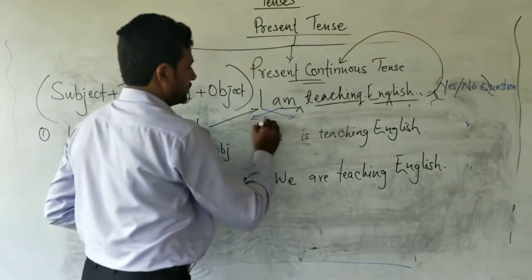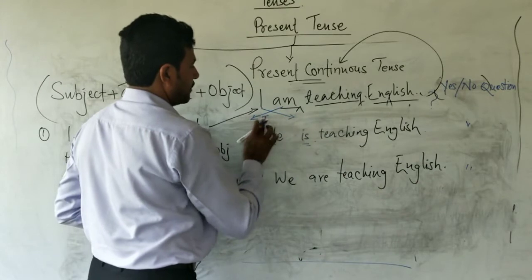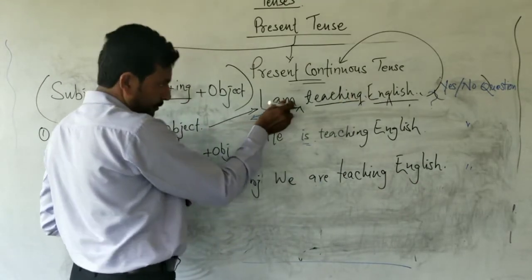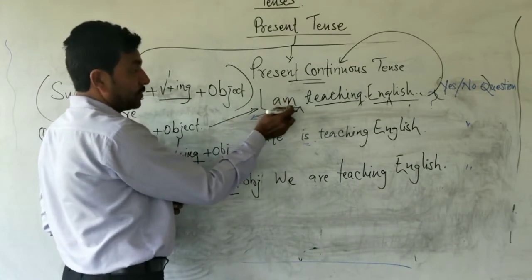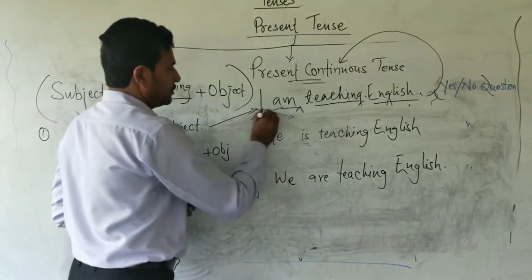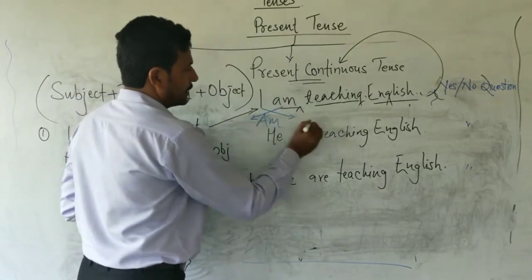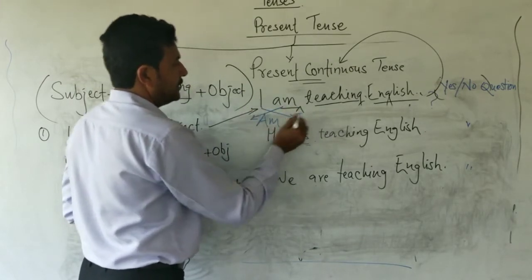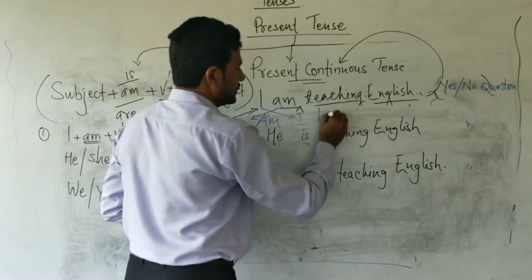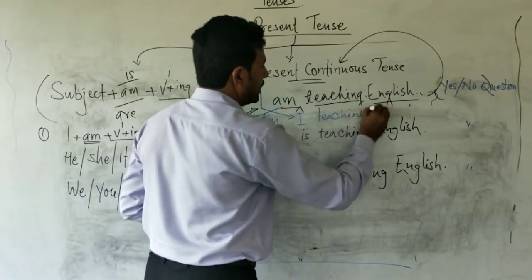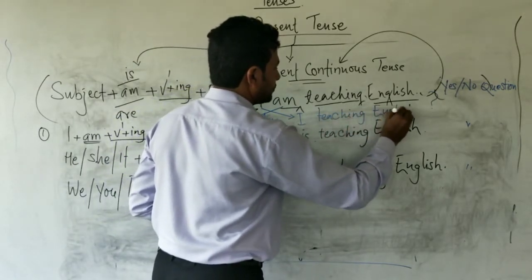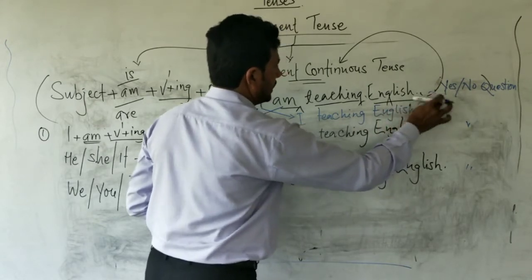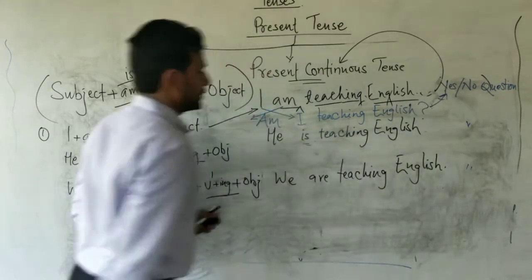For example, I am teaching English will become, if you bring the auxiliary verb am forward: am I teaching English? And question mark, right? This will become a yes-no question.